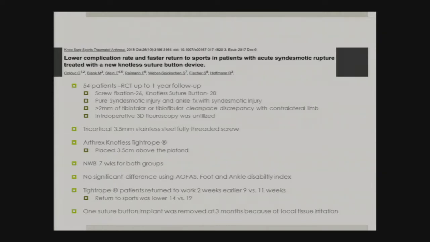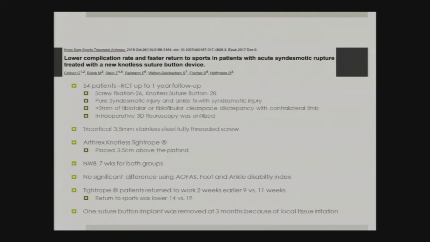They were randomized, and they were a mix of both pure syndesmotic injuries and ankle fractures with syndesmotic injury. The majority of them were just pure high ankle sprains, grade 2 or grade 3. And then the ankle fractures that were included were a couple Weber B per group, about 4 or 5, and then a couple Weber C fibular fractures as well.